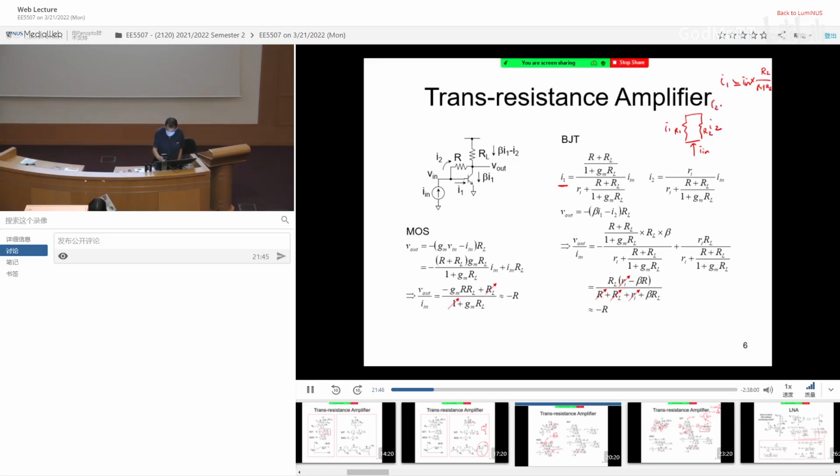Same thing, if you want to obtain I2, it will be Iin multiplied by R1 over R1 plus R2, taking R1 instead. So that is the parallel branch current. If you think carefully, you have Iin over here. If you want the current going through I1, you just have to figure out the resistor in the I2 branch, which is the complicated formula that we derived.